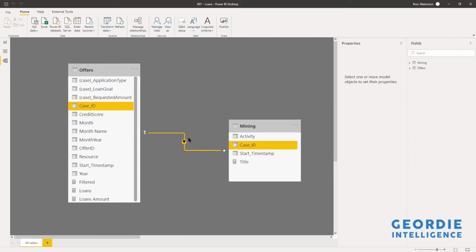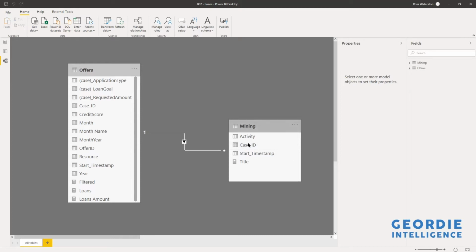This is the way that it will flow, so it will go from one to many. If you think, well, many should filter the one, technically it can, but the general flow is the other way. It's this way only.